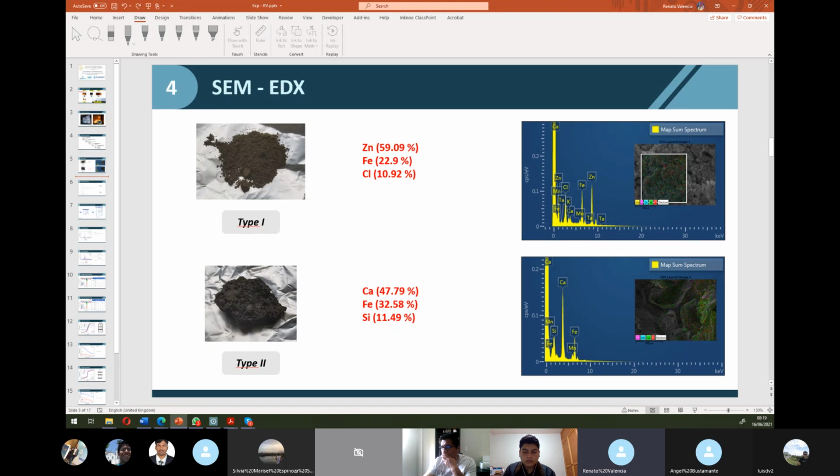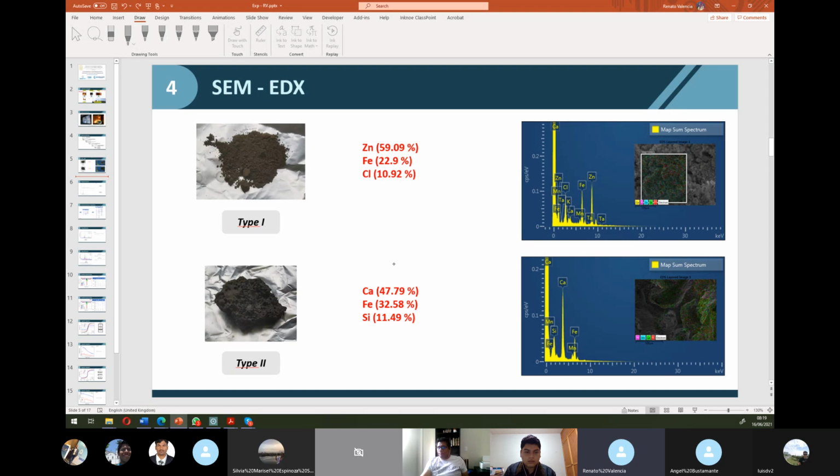The major chemical elements we have are zinc at 59%, iron at 22%, and chlorine at 10% for type 1.